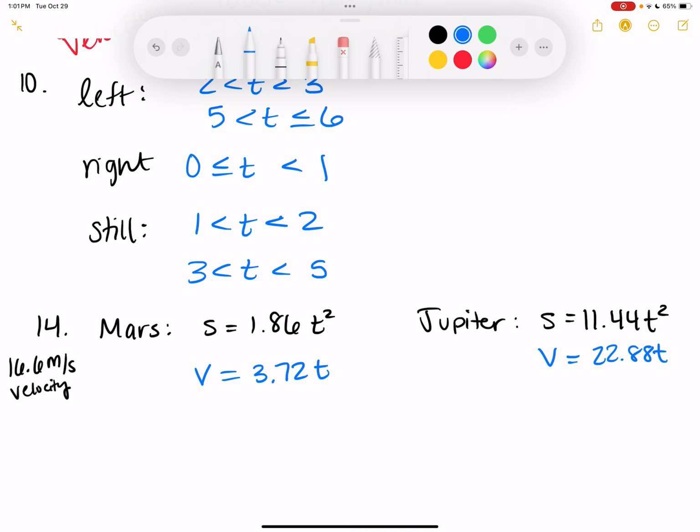So if I want to know time, because it wants to know how long it would take, I need to set up this equation.